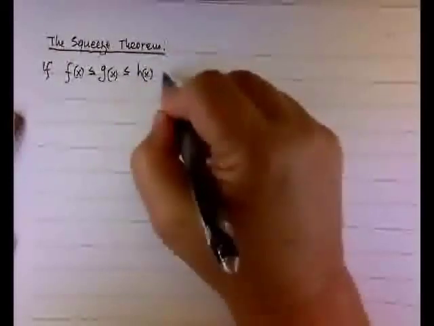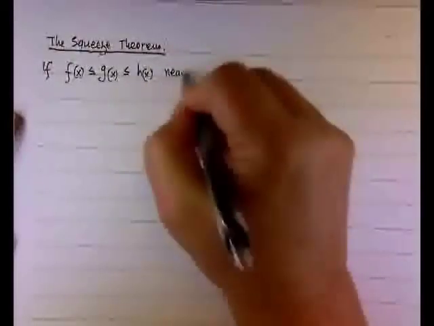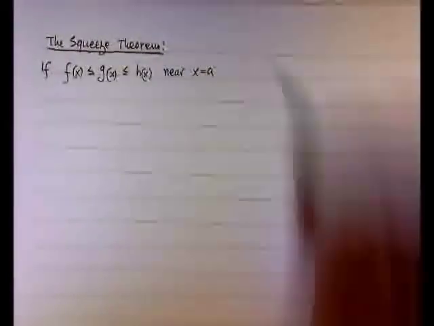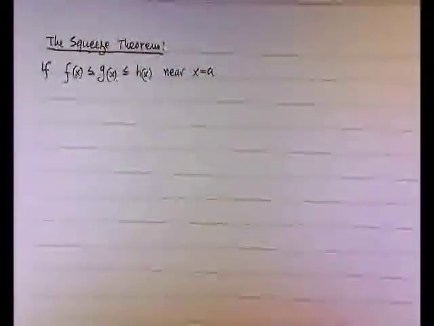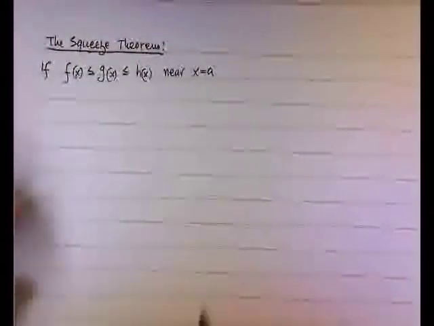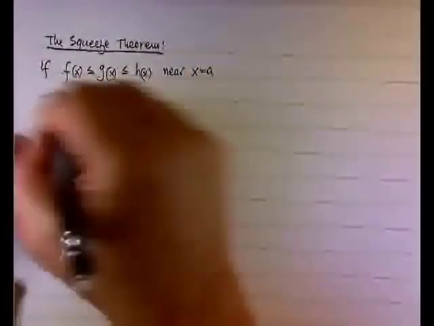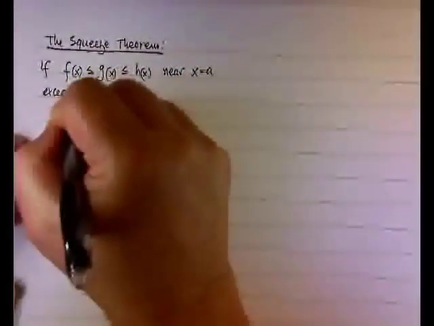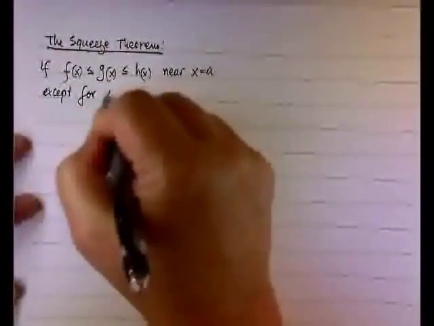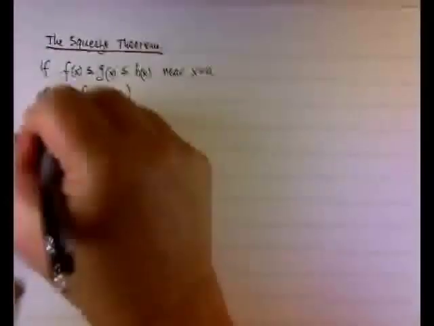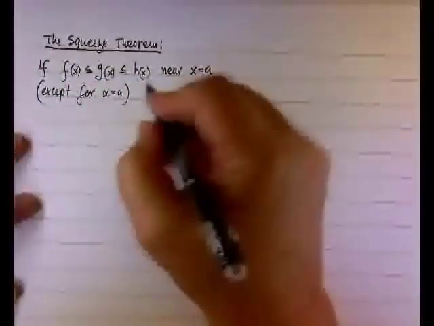Near x equals a. Again, except perhaps for x exactly equals a, and.